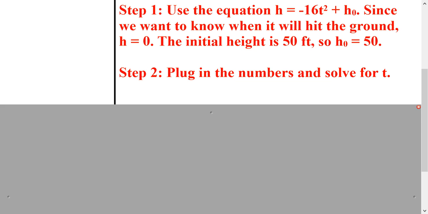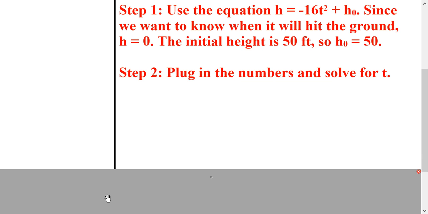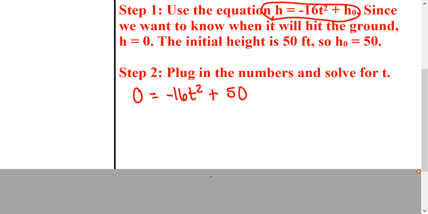So now we're just going to plug in the numbers and solve for t. So we're using our equation right here. h equals negative 16t squared plus h naught. So I know that h equals 0. And then I have negative 16t squared plus h naught, which is the initial height, which is 50.